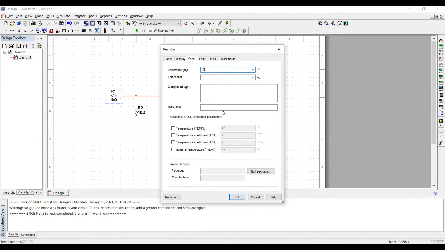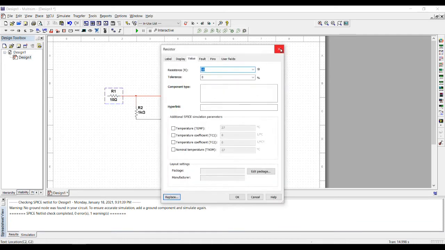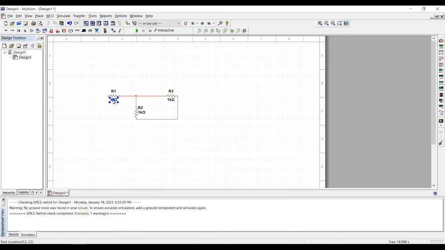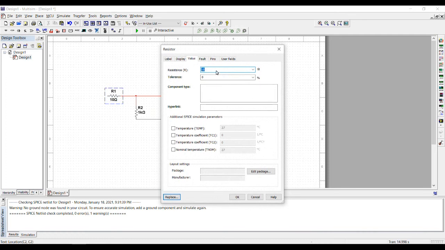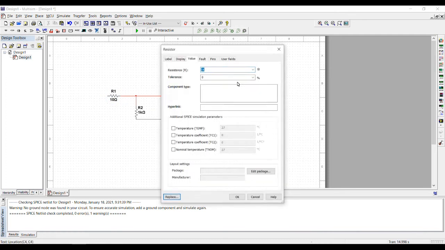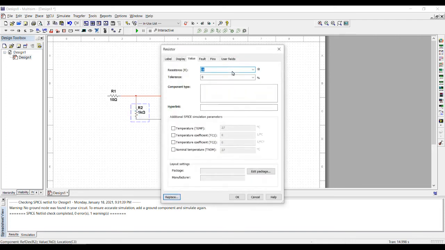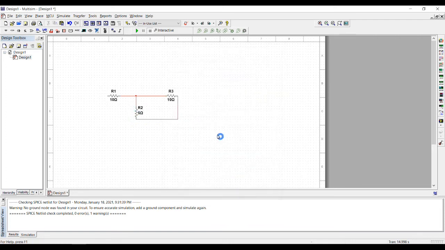Then we will find the equivalent resistance for these three resistors. After this, let's change the values. This one is 10 ohms. This is also 10 ohms, 10, and then this is 5 ohms, 5.